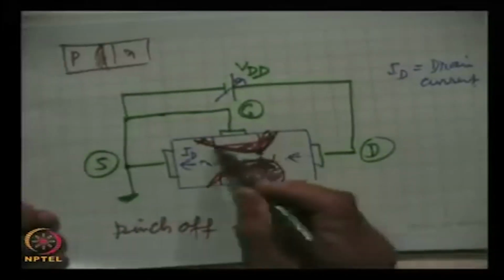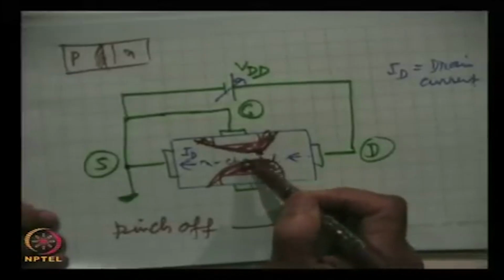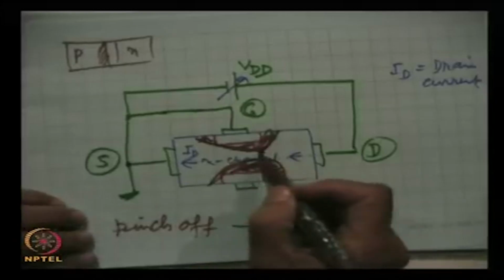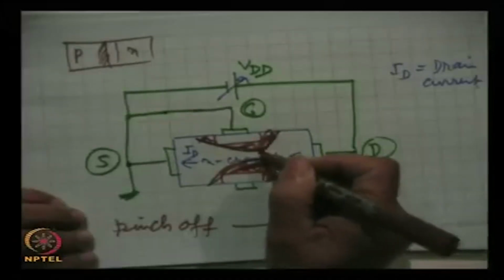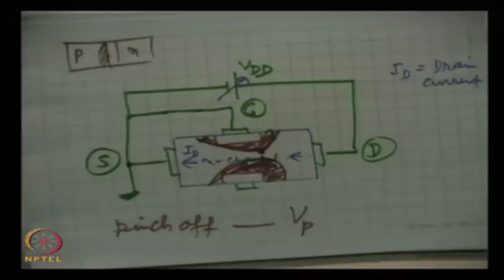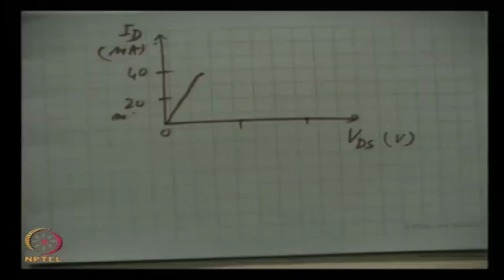With this increase, this depletion region is spreading more and more towards the channel, and the moment the two depletion regions touch each other, pinch off occurs, and by then the extent of the rise in resistance, the fall in conductance, nullifies the effect of the rising voltage.